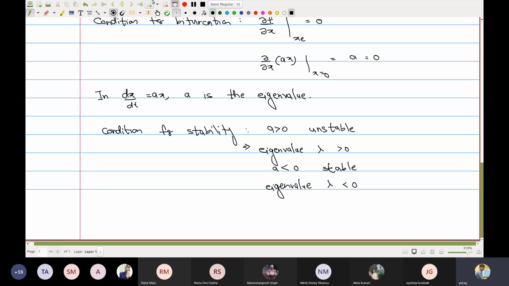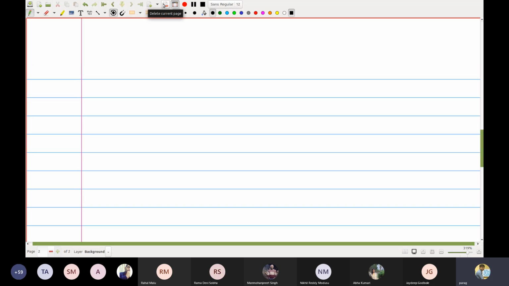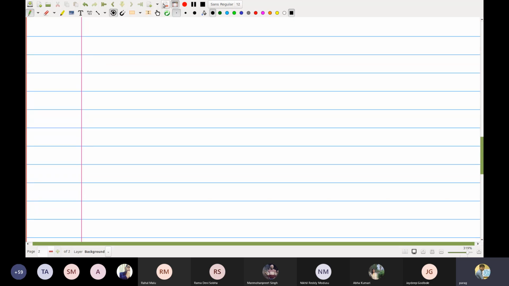Now let's do the same thing for a non-linear system. As an example of a non-linear system, let's say we have dx by dt equals ax minus x cube, right? So this is a non-linear system, and let me declare this as f of ax.